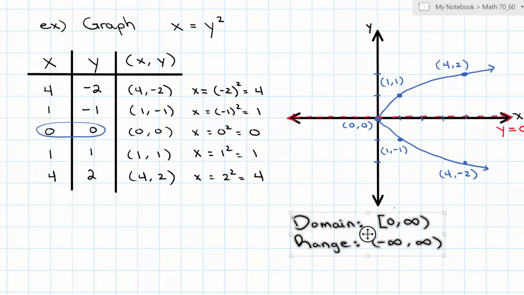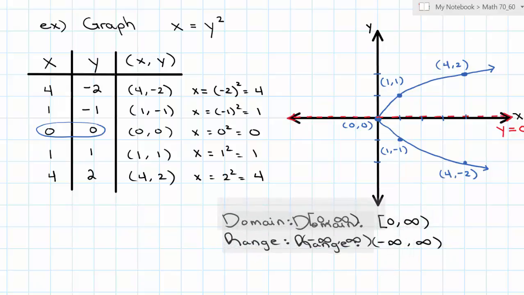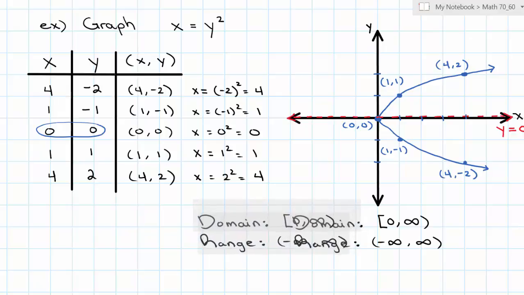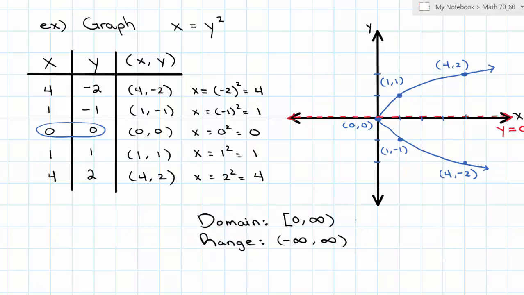Let me move this over so I have some more space. The domain would be the set of all x such that x is greater than or equal to 0. And the range would be the set of all y such that y is an element of the set of real numbers, or we could also write y is any real number.